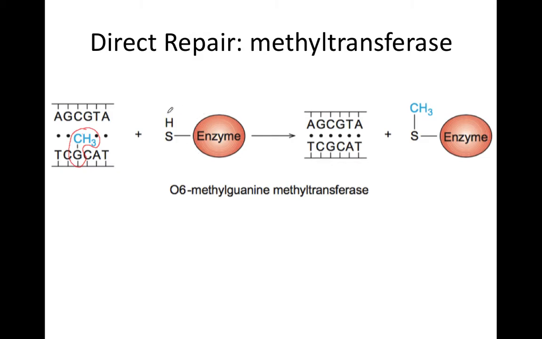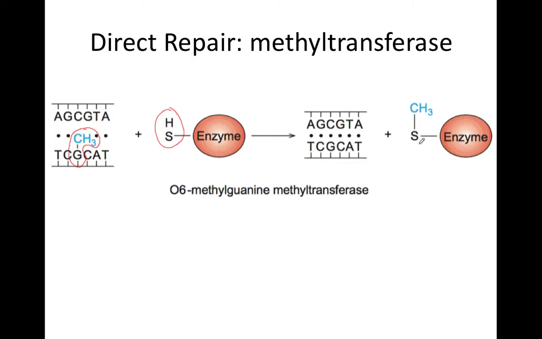The enzyme has a thiol group here, which is SH. In the presence of this enzyme, the methyl group is transferred from guanine to the enzyme, so that now your guanine can hydrogen bond with cytosine, but the enzyme now contains the methyl group.